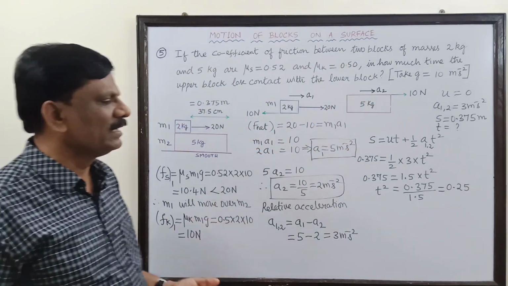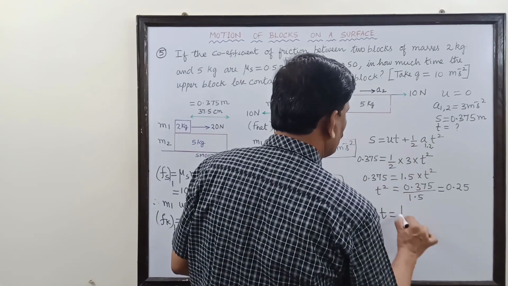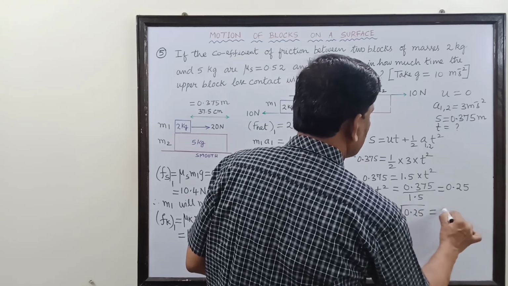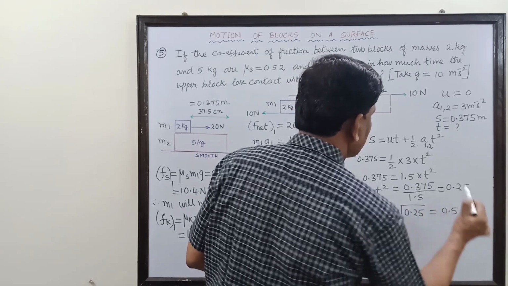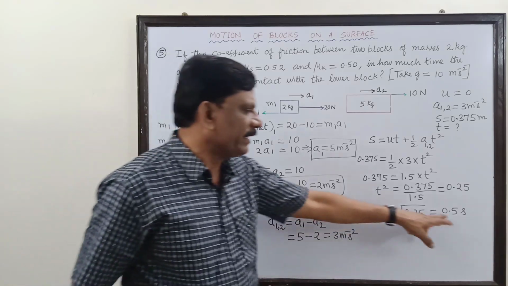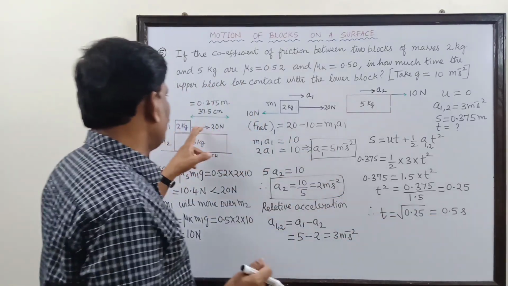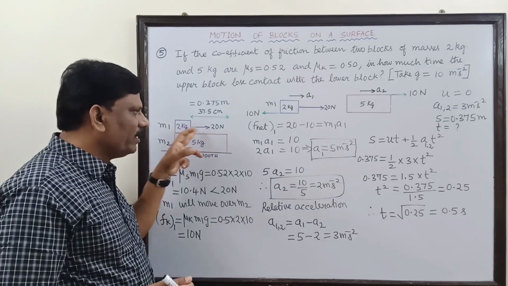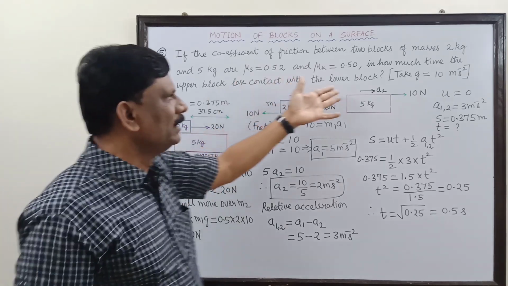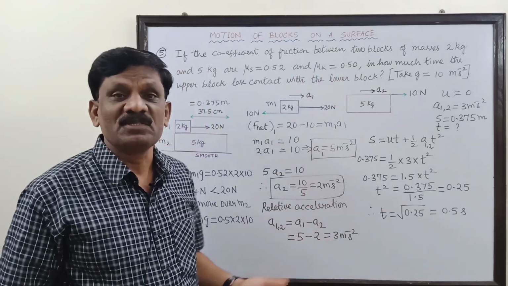So t square is 0.25. Therefore t must be equal to square root of 0.25, and this is equal to 0.5 second. So in a time equal to 0.5 second, half second, the first mass 2 kg will slide over the second mass and fall down, so that it will lose the contact with the lower block. I hope you must have understood well. Fine.